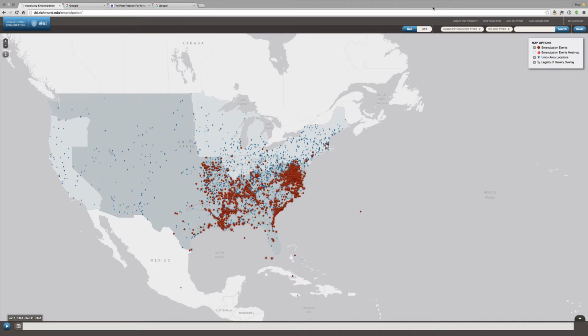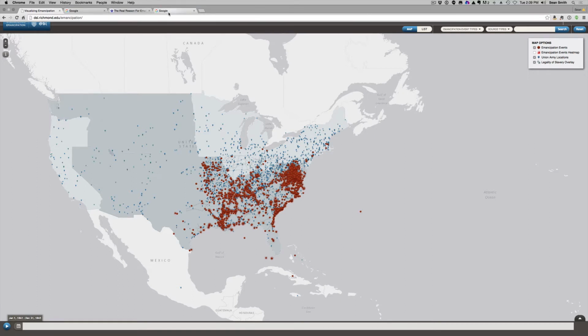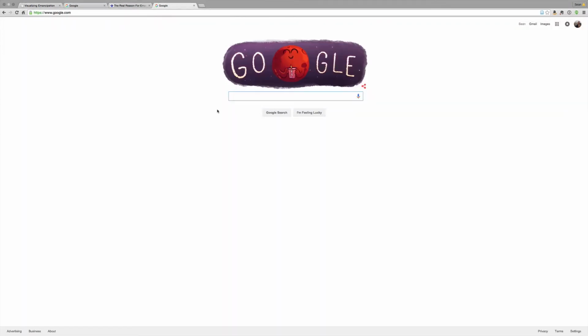One still needs to be aware of the web's purpose, its authorship, and really the way that the website is packaged.